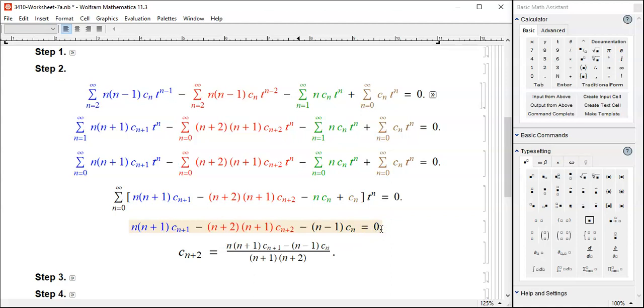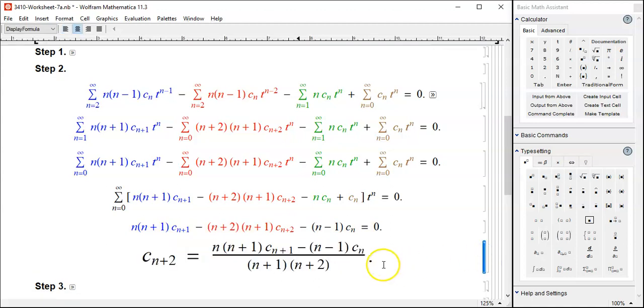Okay, final step. Let's solve for c of n plus 2. That's the latest term, so you can solve it with respect to the two previous terms algebraically like this. And there goes my recursive equation.